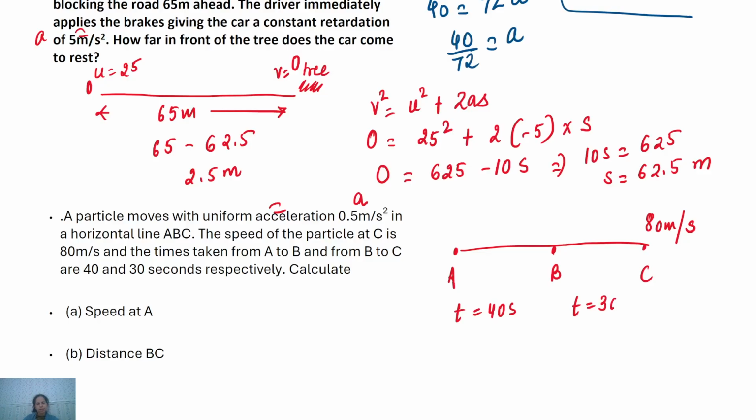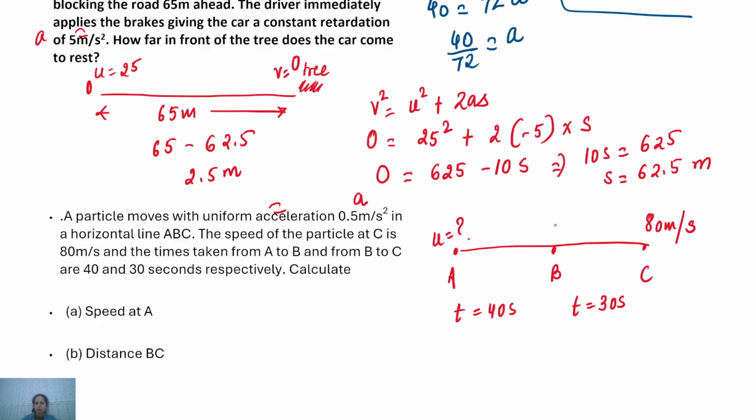Okay, now they're asking you what's the speed here, but the acceleration is uniform throughout. So if it has got a velocity of 80 meters per second with an acceleration of 0.5 meters per second squared for 30 seconds, what would be the speed here?